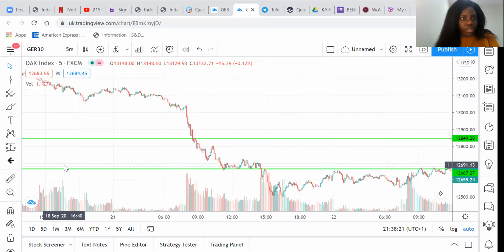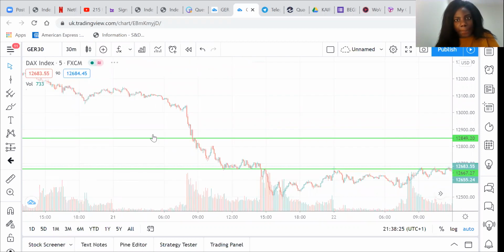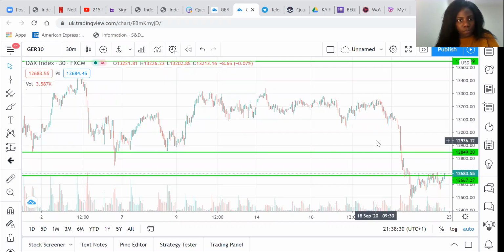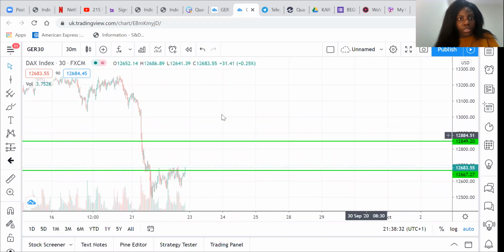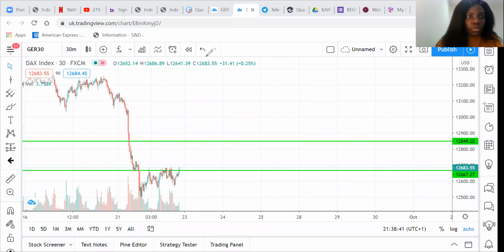So let me go into the 30-minute. Cool. So the zigzag here looks like so. 1, 2, 3.